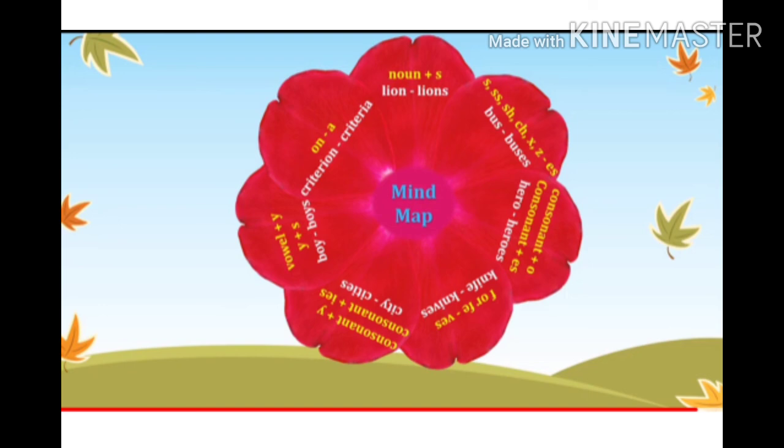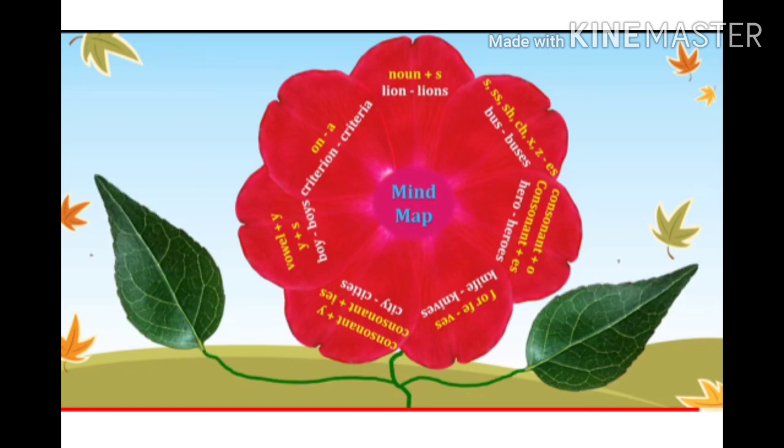But remember, we have learnt 2 exceptions also. Exception number 1, some words completely change. For example, man will become men when changed to plural. Tooth will become teeth when we change them to plurals. Exception number 2, some words do not change at all.